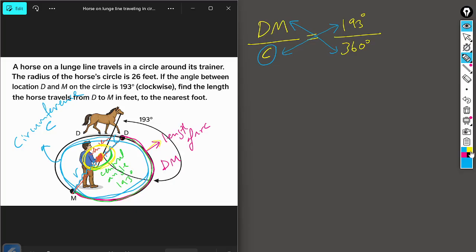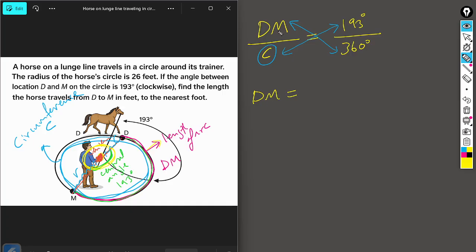So to find the circumference, I can say that DM first equals, to make it easy, I will not do the whole calculation in this part. I just want to multiply the circumference by the whole fraction, which is 193 divided by 360.